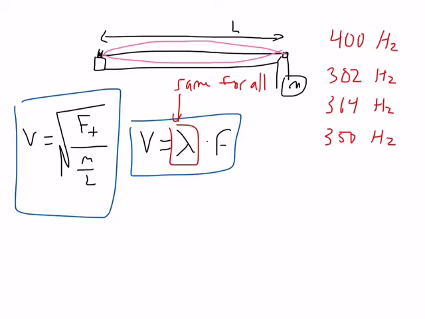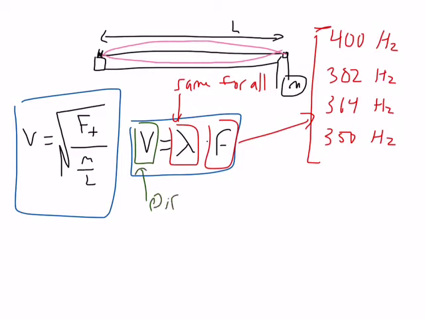That's the definition of the fundamental frequency. So if the wavelength is the same for everything, but the frequencies are these 4 different numbers, that tells us something very important: the speed must be different for every single one.